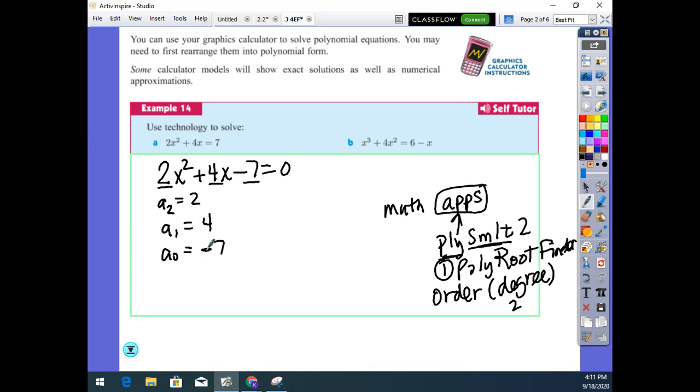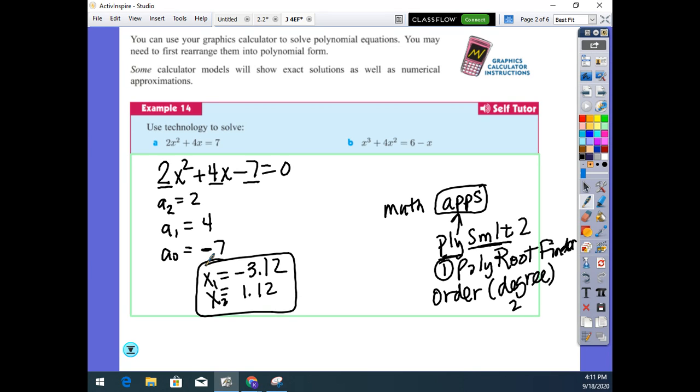Then notice your choices at the very bottom. The main one you want is solve. So push the graph and look at that. X equals negative 3.12. X sub 2, your 2nd answer, equals 1.12. So rather than going through all of your factoring, completing the square, the formula, if you're on a calculator test, you can just use this nice little solver.